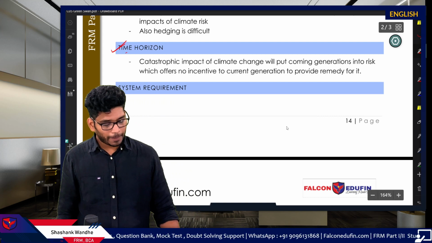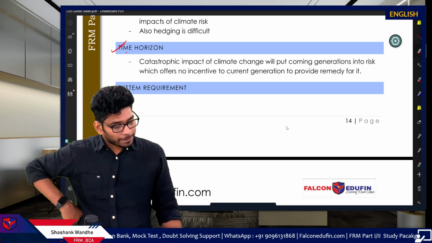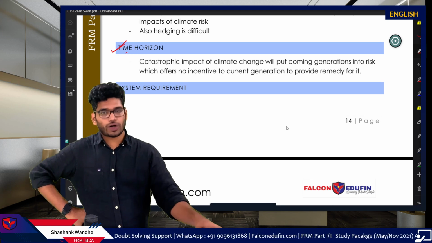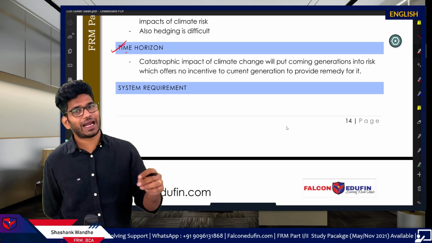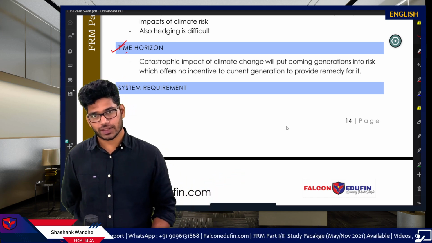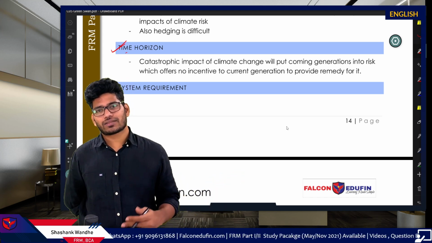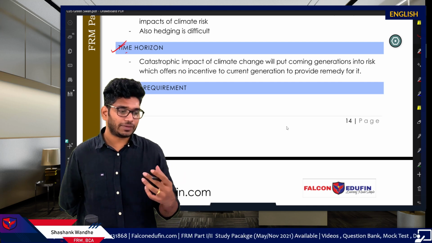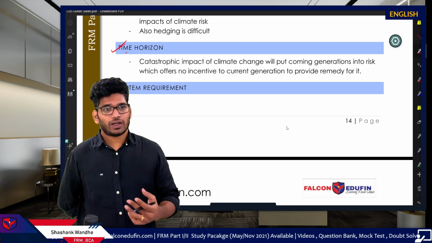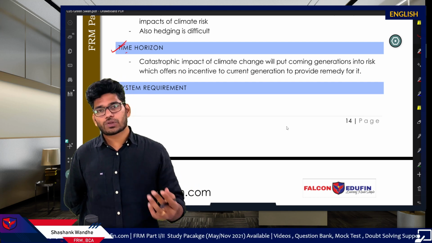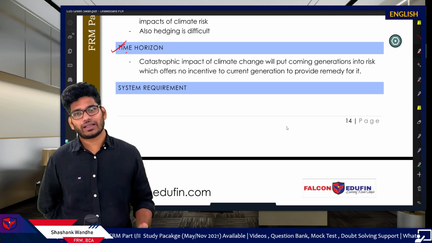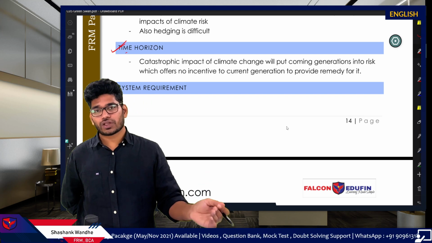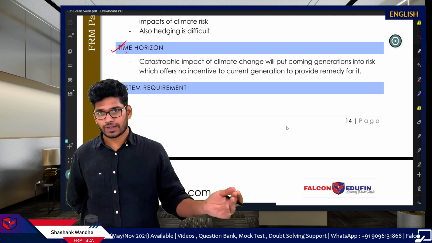Then time horizon. Time horizon is a very specific point. Here we are talking about climate change affecting the coming generation. It is not going to affect us tomorrow itself. It will at least take 30, 40, 50 years, right? And in 50 years, the companies or the individuals who are running the organizations don't have any direct incentive of saving the future generations from this catastrophe or disaster.